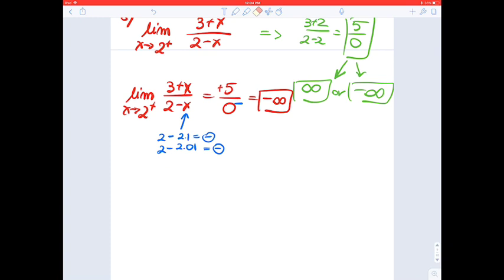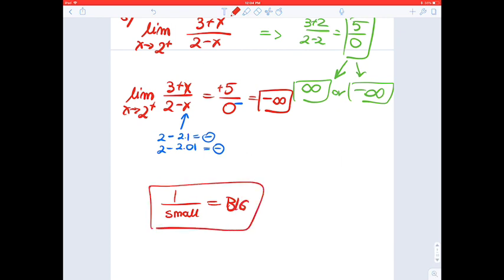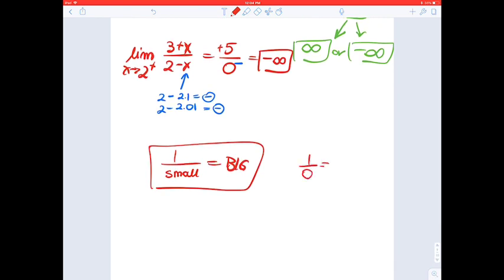it's in formal notation, but I can write for you. 1 over small is big. Okay, and this of course indicates 1 over 0 is infinity. You have to investigate if it's positive or negative. Okay, that means you have to check the sign. But please remember, 1 over small is big.